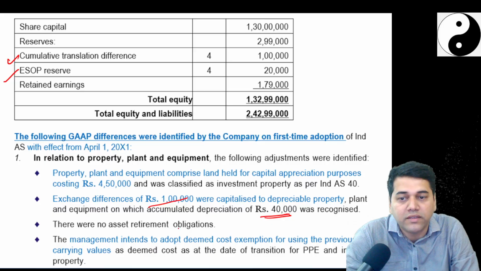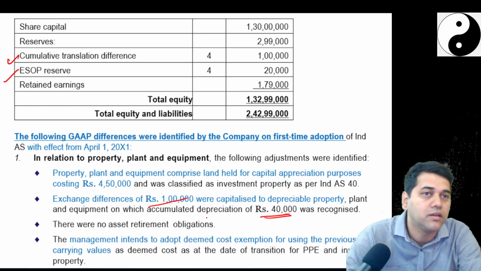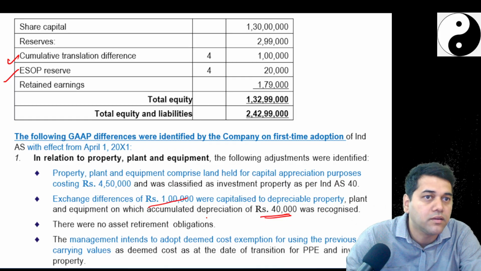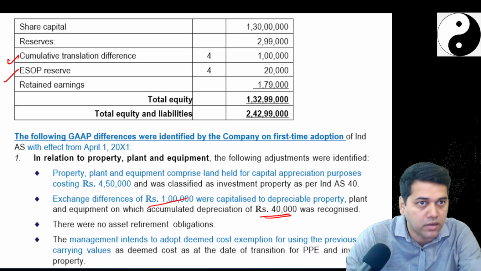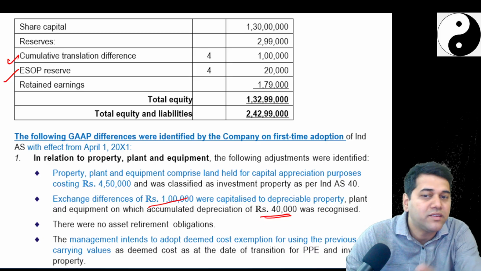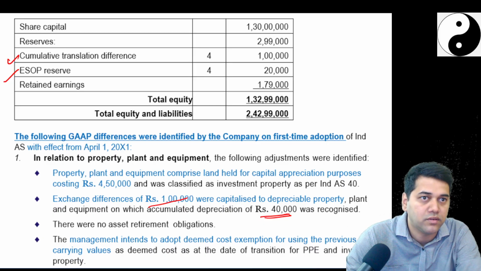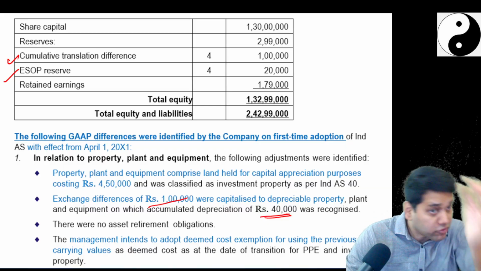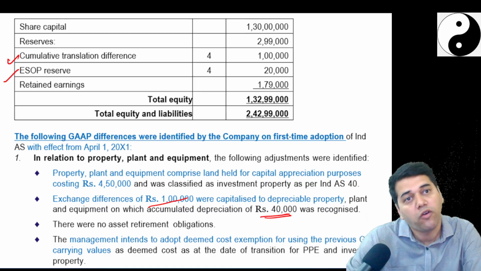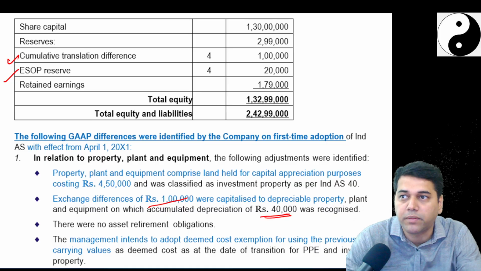There was no asset retirement obligations. What is this? That's what they say, that you need not do this. Because Ind AS also permits you, if you are already into that practice, you can continue the practice.